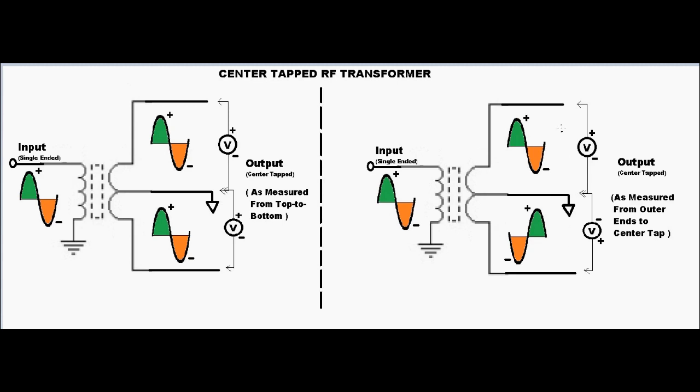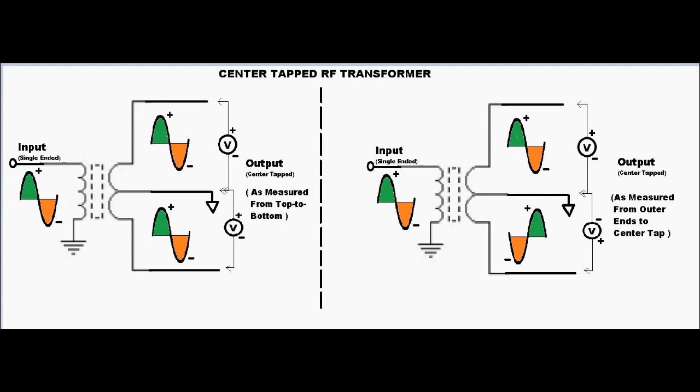if we measure that same voltage from the outer arms to the center tap point, what we see is the positive going voltage in the primary creates a positive voltage across the whole secondary, and therefore, as measured from the upper arm to the center point, it's still positive, but now measuring the opposite way from the lower arm to the center point, we see that it's actually a negative voltage relative to the center tap point.